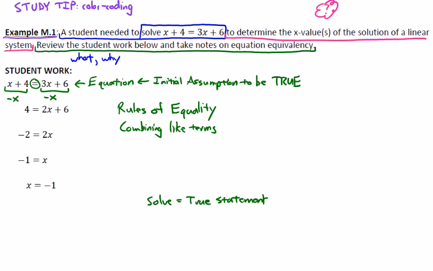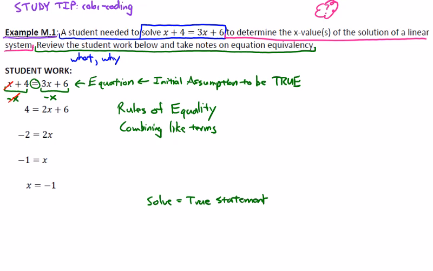The x minus x will cancel out on the left side, and 3x minus x will result in 2x on the right side. And bingo, the second equation is equivalent to the first. This is great. Let's continue checking.